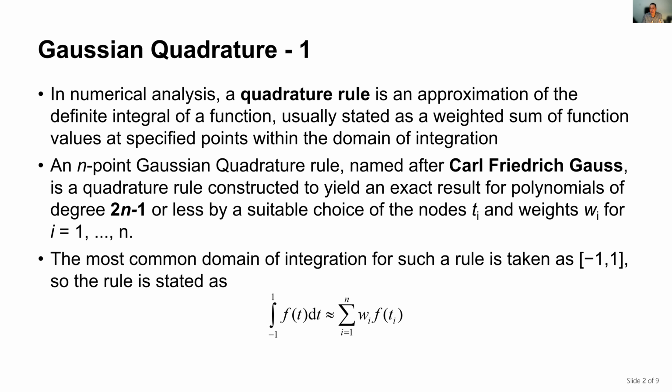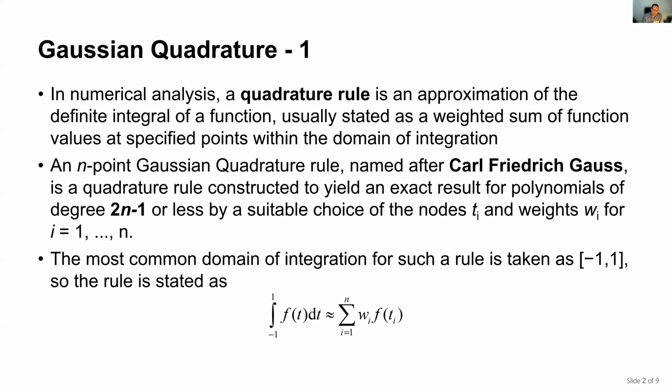N can be any number, 1, 2, 3, or anything, and it will yield exact results for polynomials of degree 2n minus 1 or less. So if we are to integrate such polynomials, we can choose the right number n, and then we can have an exact solution to this problem.